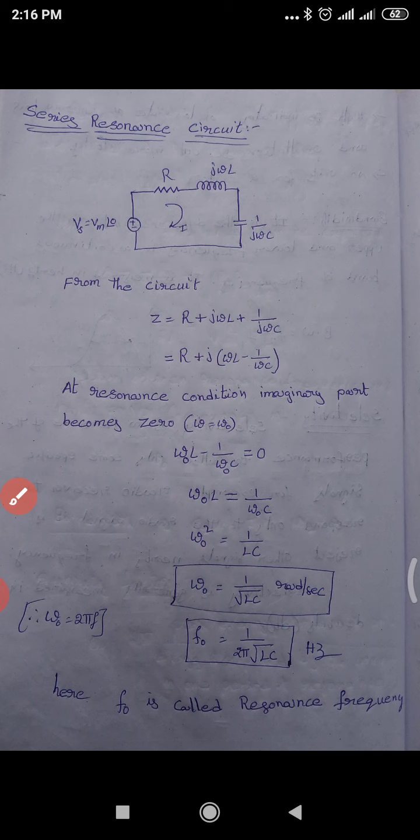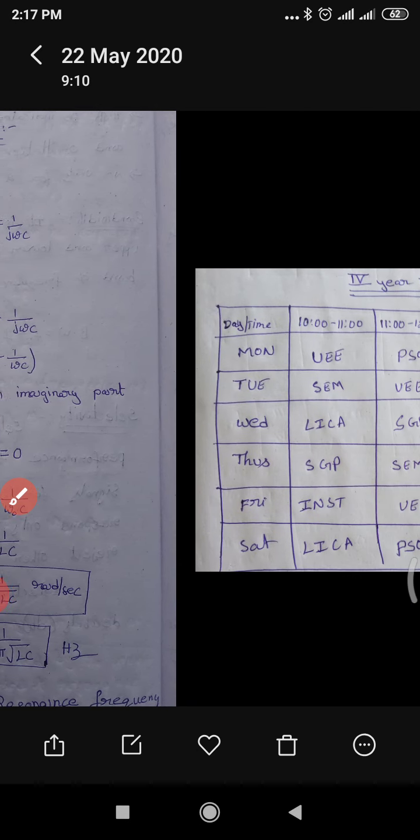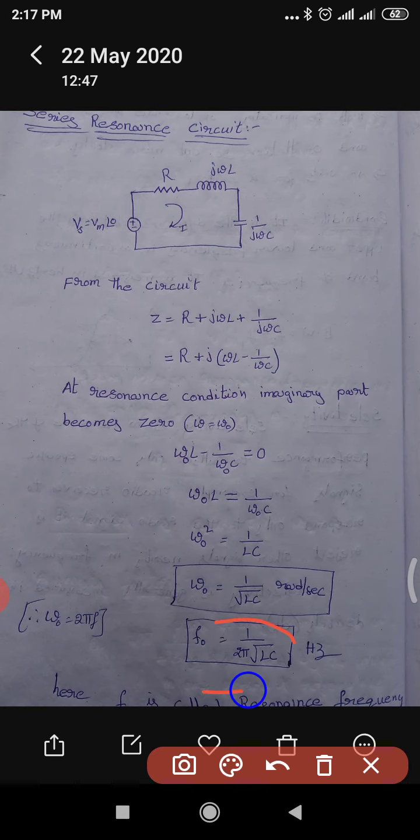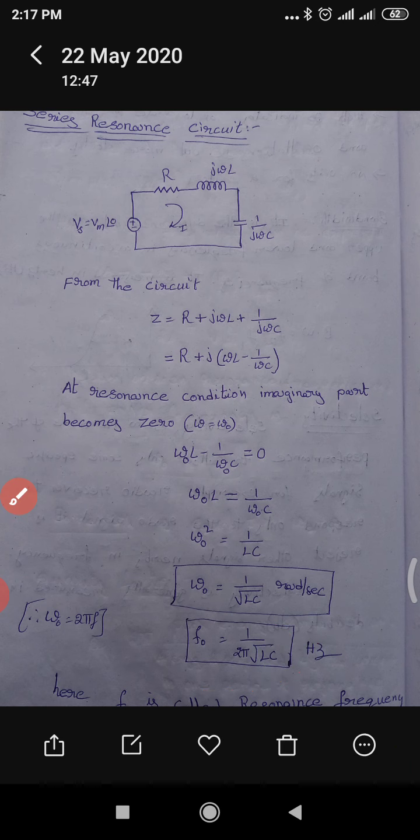At the frequency where the imaginary part is equal to 0, or XL is equal to XC, that frequency is called the resonance frequency. So this is the formula for calculation of resonance frequency.